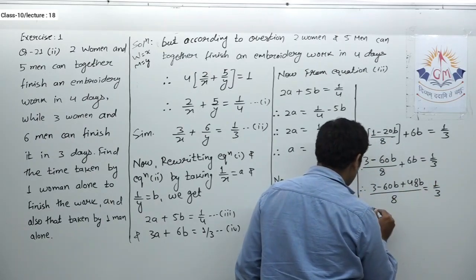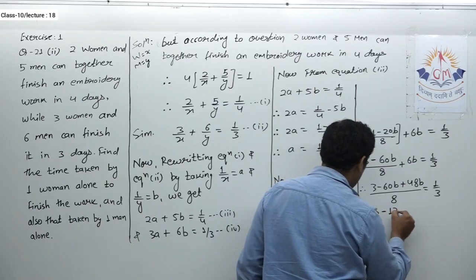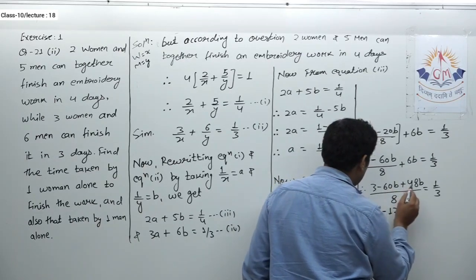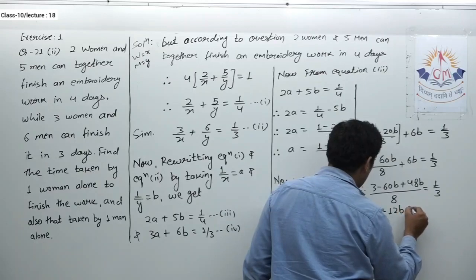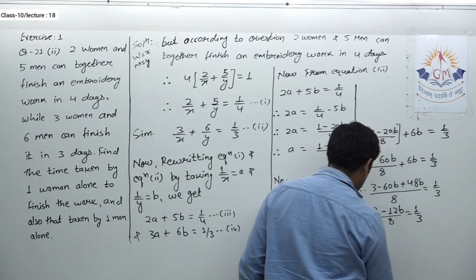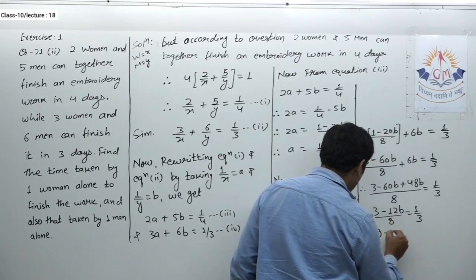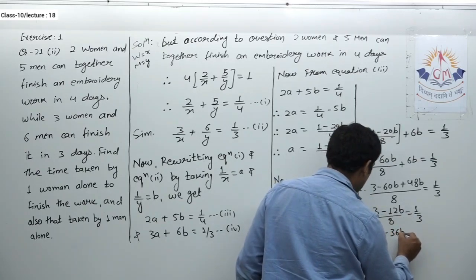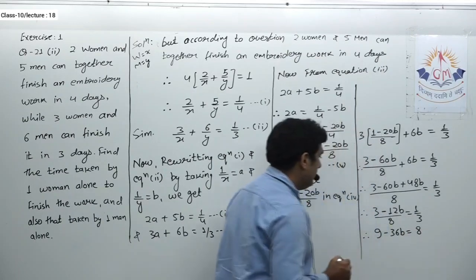So this gives you 3 minus 12b upon 8 is equal to 1 upon 3. So this gives me 9 minus 36b is equal to 8.